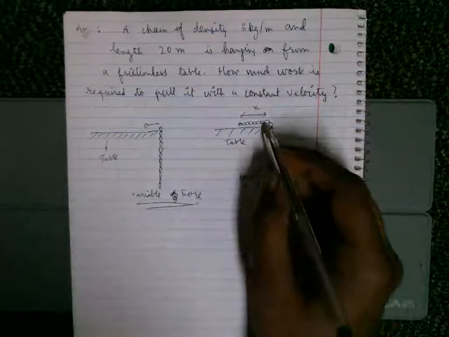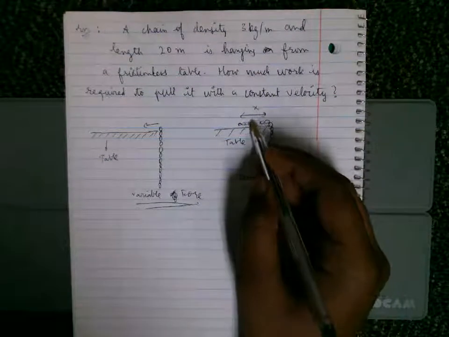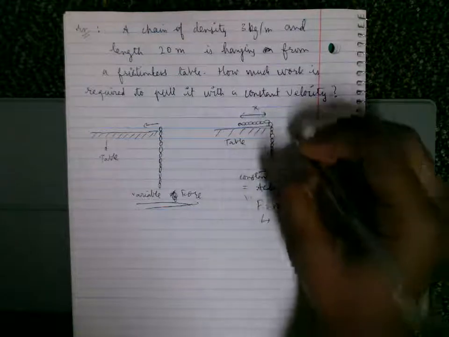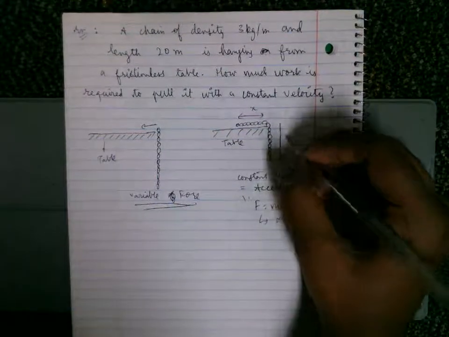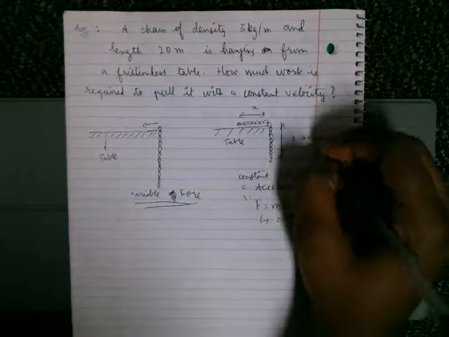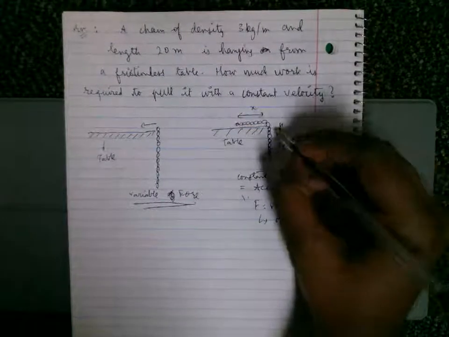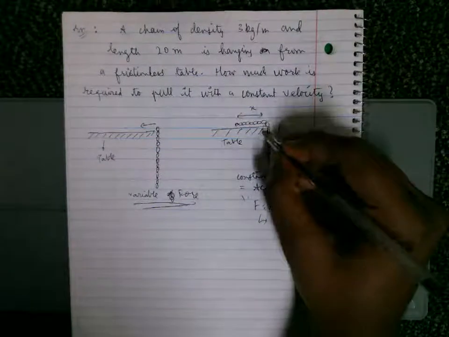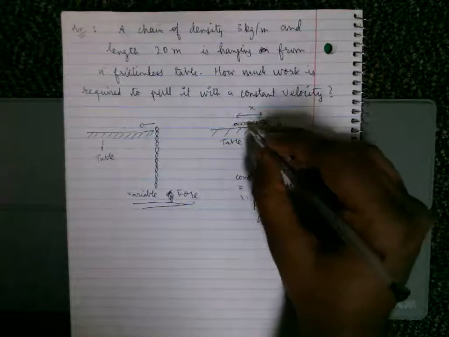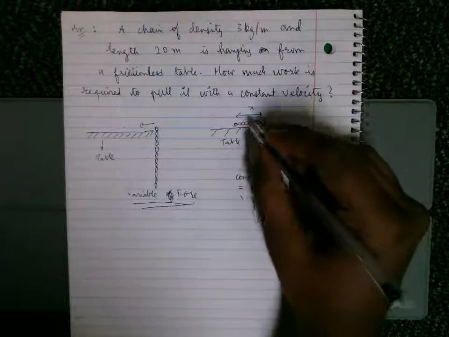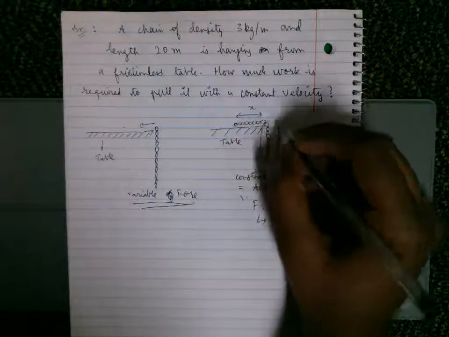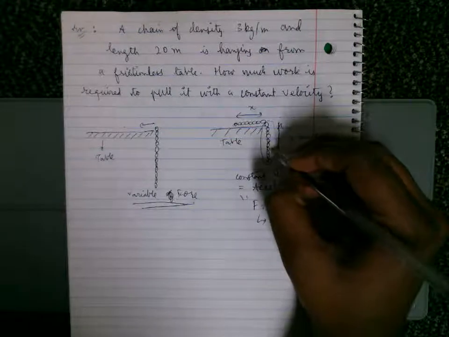However, when we are pulling this chain, let's say if we have pulled a length of x, that means we will have a length of 20 minus x still hanging. This part of the chain on the table is balanced by the normal force from the table, so we don't need to worry about that.